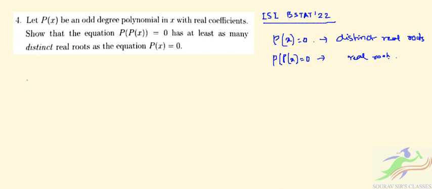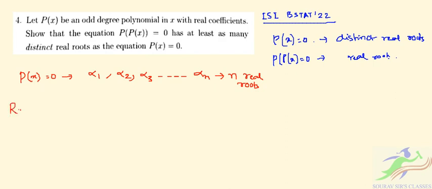Now let us assume that P(x) = 0 has the roots alpha 1, alpha 2, alpha 3 up to alpha n. Here n is not the degree, it is the number of real roots it has. So P(x) has n real roots.